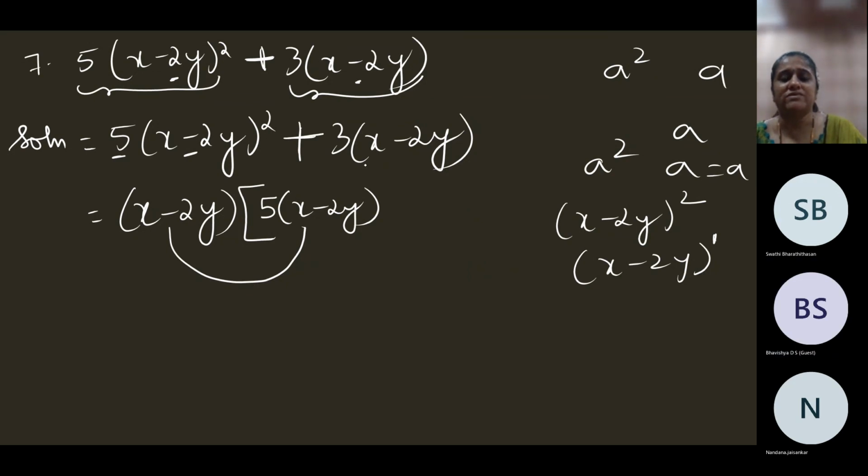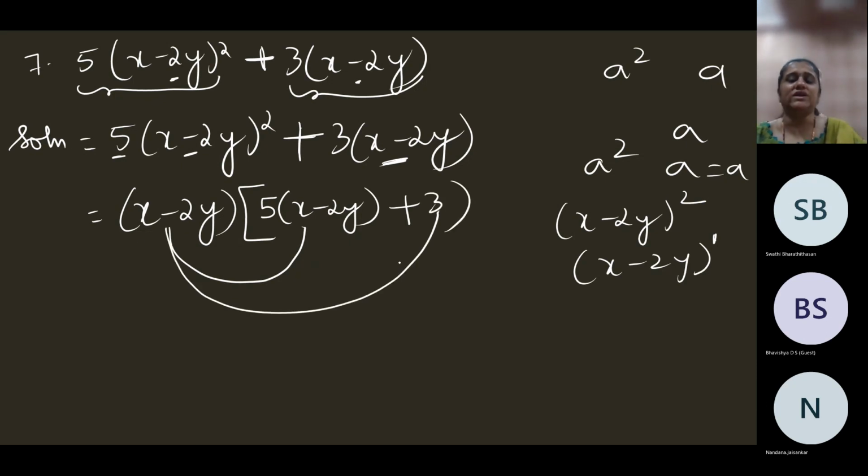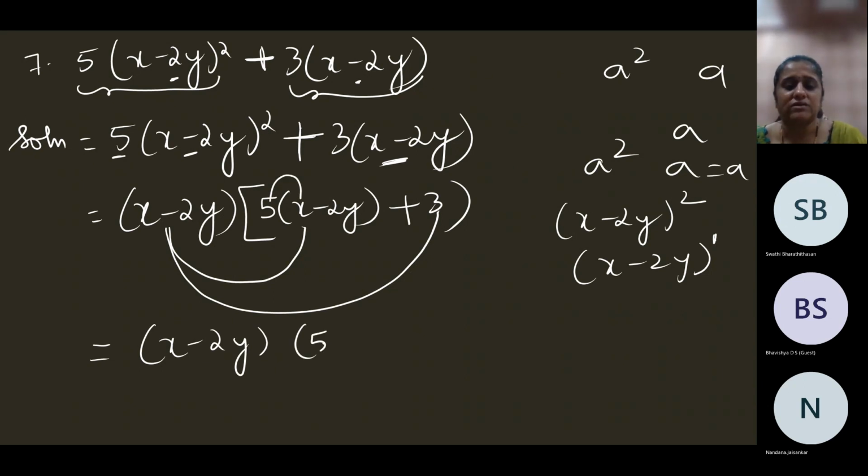Then the connecting sign plus, put the plus sign. This x minus 2y is common outside. So x minus 2y into 3 is 3 into x minus 2y. Yes or no, children? Yes, ma'am. So, but you have one more step here. It is equal to x minus 2y into, multiply 5 into x, 5x, 5 into minus 2y, minus 10y, plus 3, close bracket.